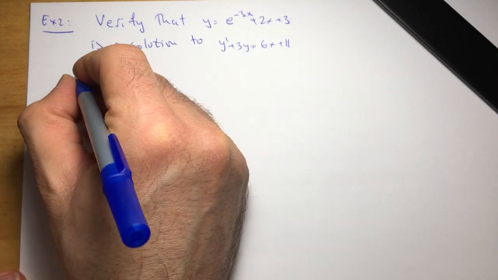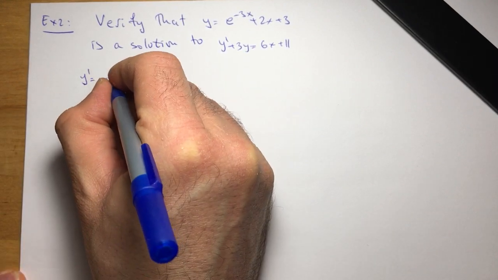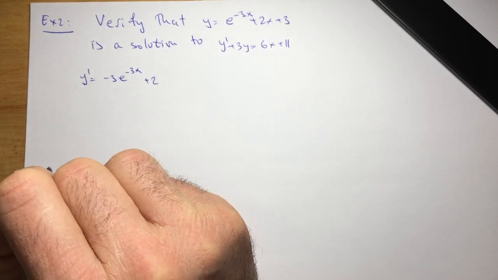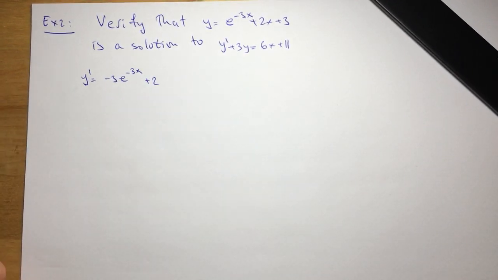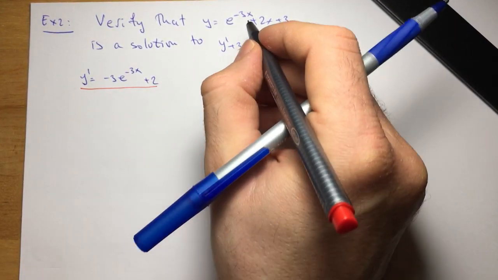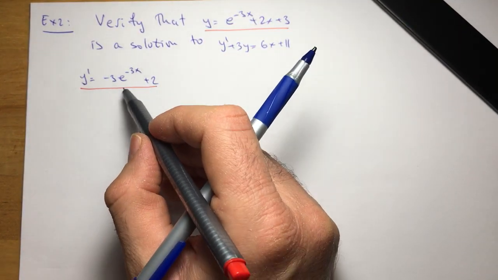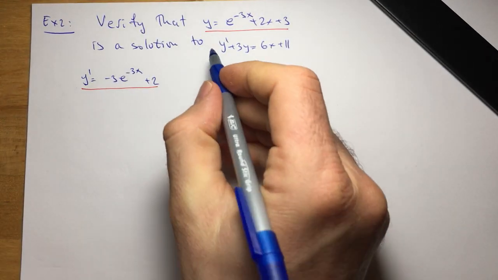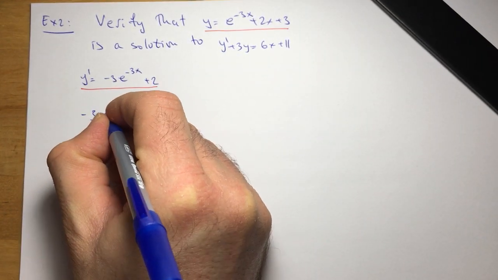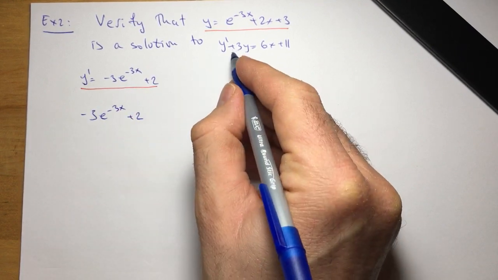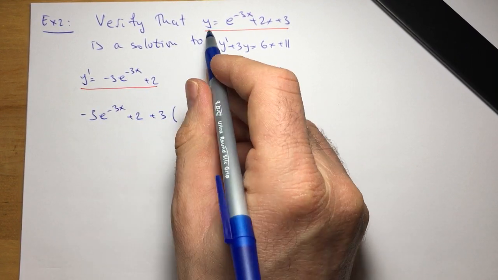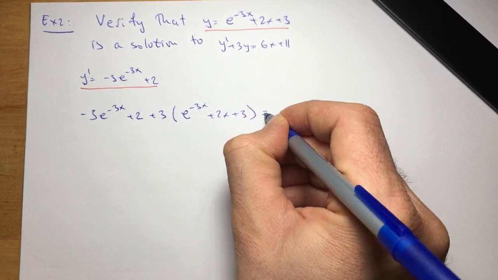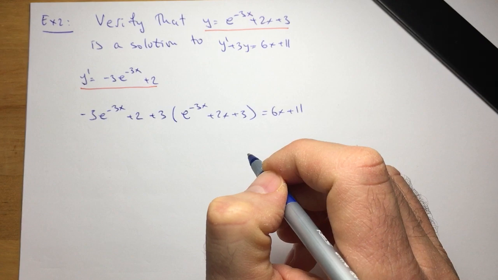What do we have to do? We have to find y prime, that's negative 3 e to the power negative 3x plus 2, so I'm finding the derivative of y. And now, once I have y prime and y, let us plug these into the differential equation and check whether it's satisfied. So y prime is negative 3 e to the power negative 3x plus 2, plus 3 times y, e to the power negative 3x plus 2x plus 3, is equal to 6x plus 11.